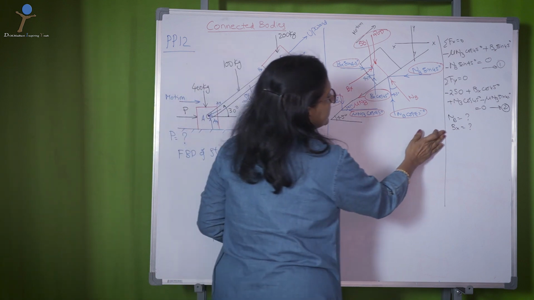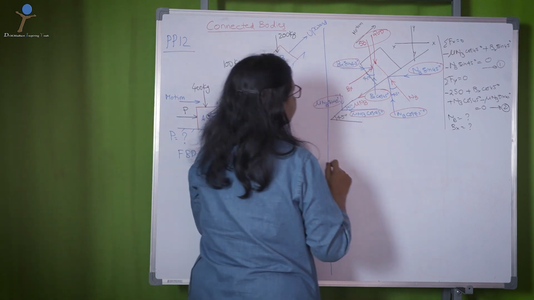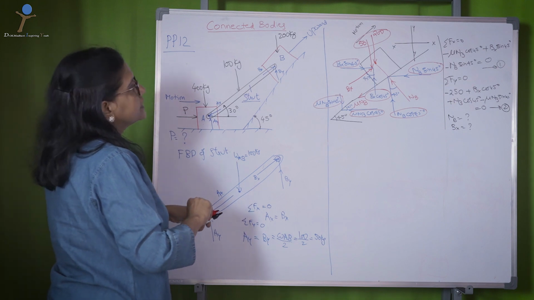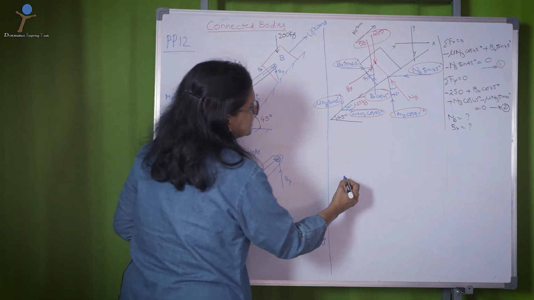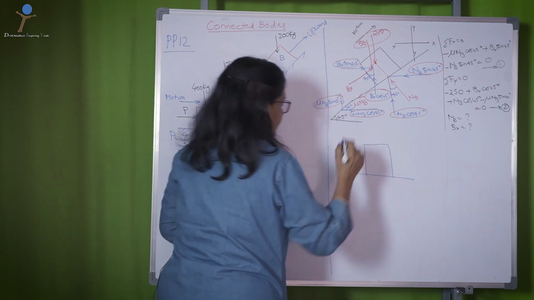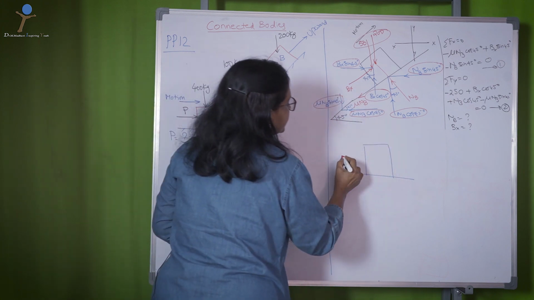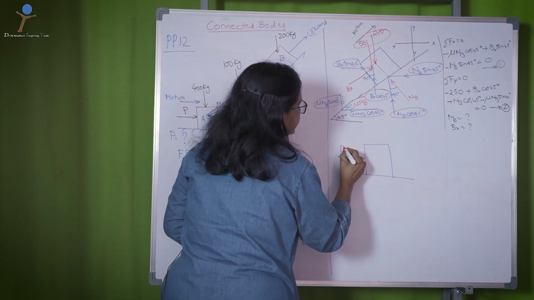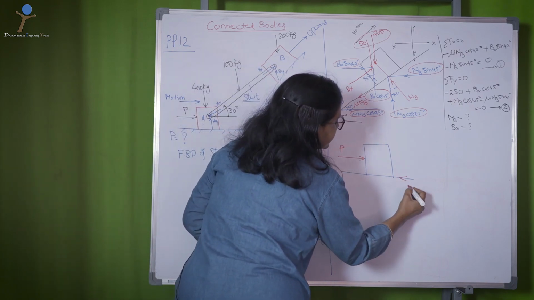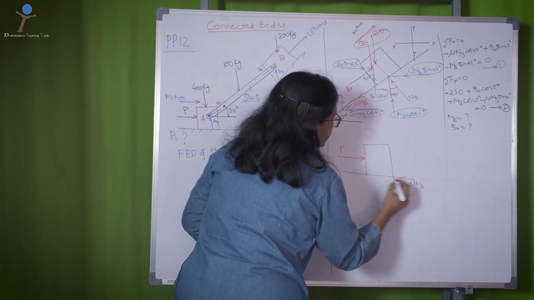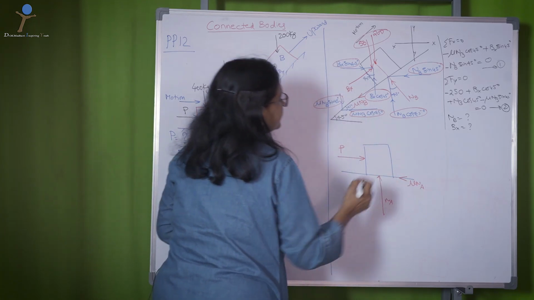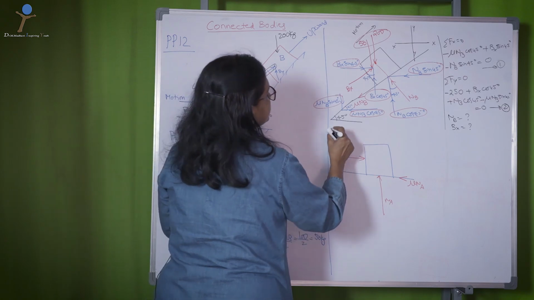So, let us go for the next free body diagram, that is the block A. The block A here is on a horizontal plane where the P is acting in this direction. The friction here acts as mu NA in opposite to its motion, and this is NA. We know that motion is in this direction.